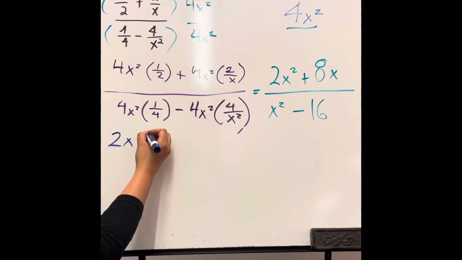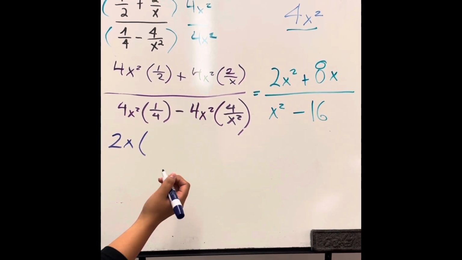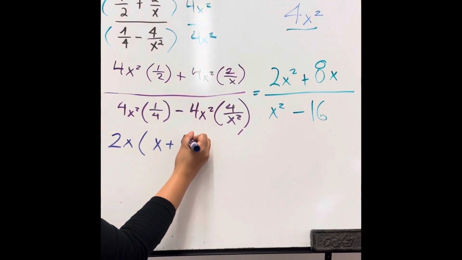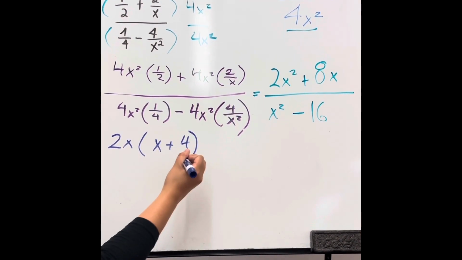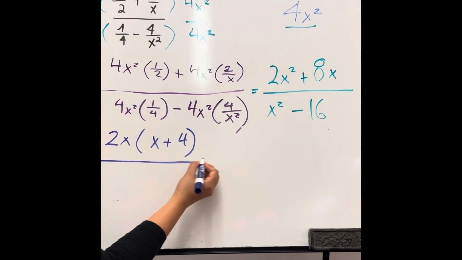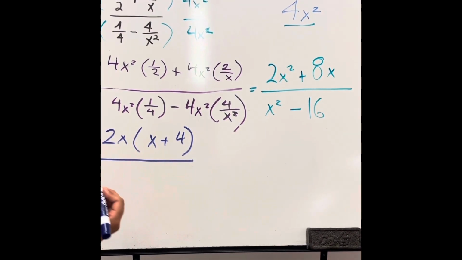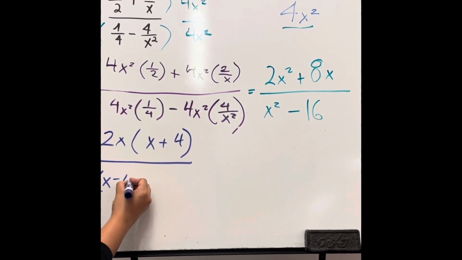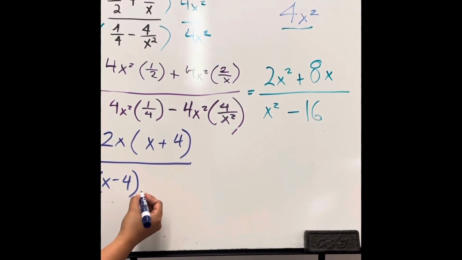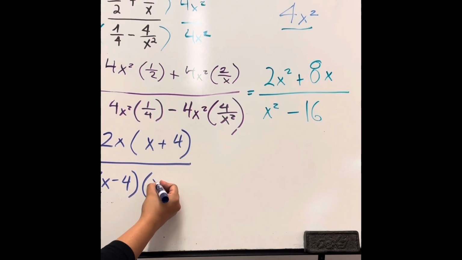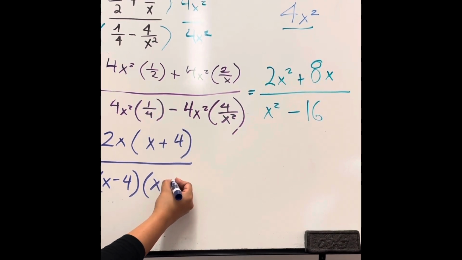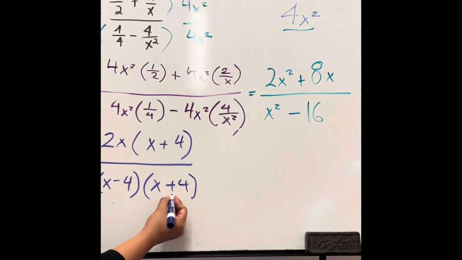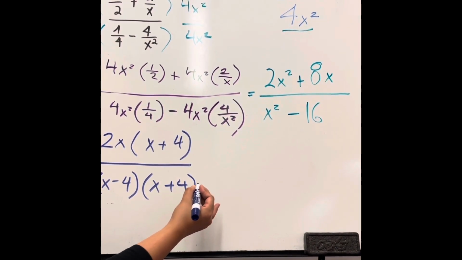So 2x outside, and then the inside, you would multiply that by x plus 4. Now, in the denominator, x squared minus 16 would give you x minus 4, right? And then x plus 4, because we're trying to get a negative number, which in this case is 16.